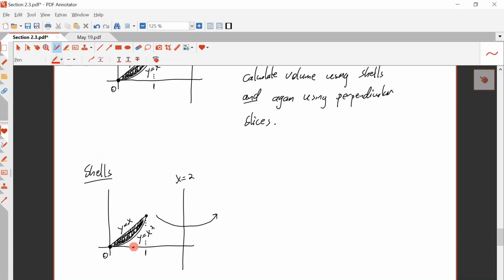pick an x value in your range from 0 to 1 and draw a line there. That represents the height of the shell, and the distance from here to here is the radius of the shell. So this distance is 2 minus x, and the height is top minus bottom, x minus x squared.